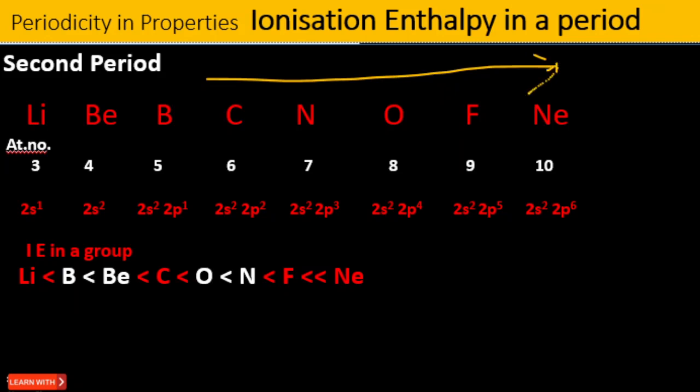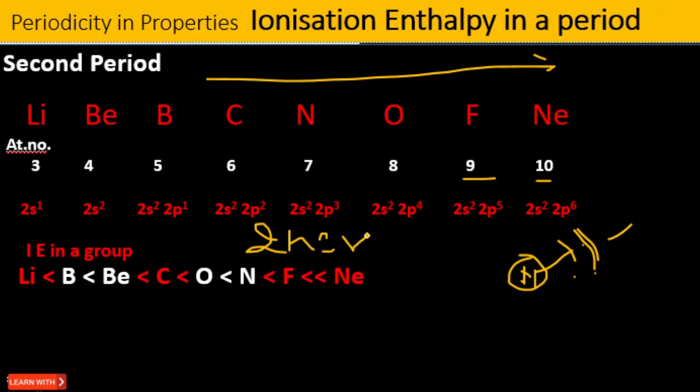So it becomes more difficult, more energy is required to remove an electron. The nuclear charge is increasing, atomic size is decreasing, we require more energy. So in a period, in general, ionization enthalpy will increase.